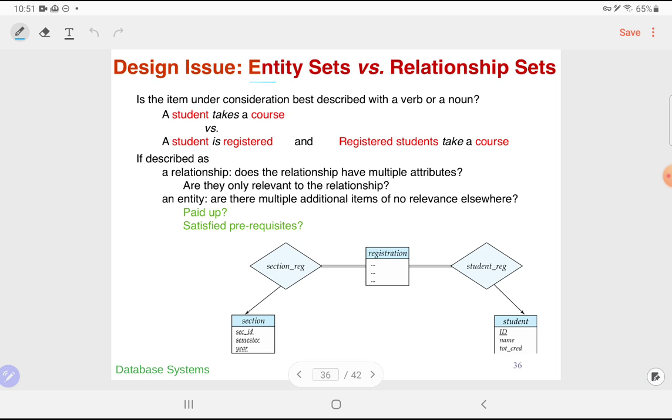Okay, what about entity sets versus relationship sets? So this particular situation, if you recall, the original diagram, the diagram of the university, had a student takes a course, and it had the attribute grade. Sorry, not date, grade. I apologize for that one.